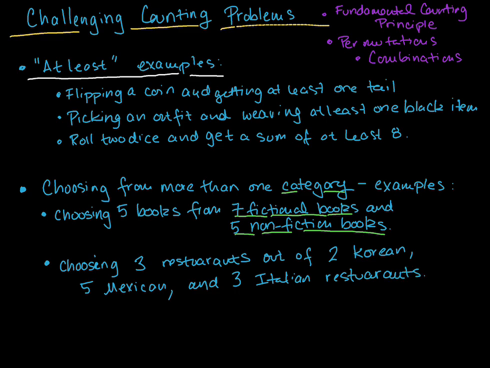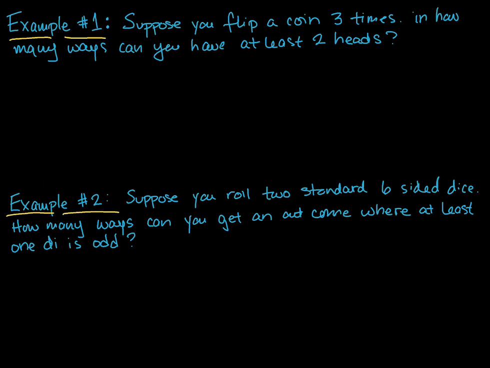So that would be choosing out of 3 categories: the Korean restaurants, the Mexican restaurants, or the Italian restaurants. All right, so let's actually dive into some examples.